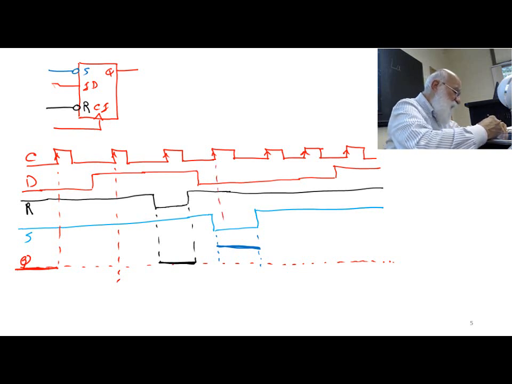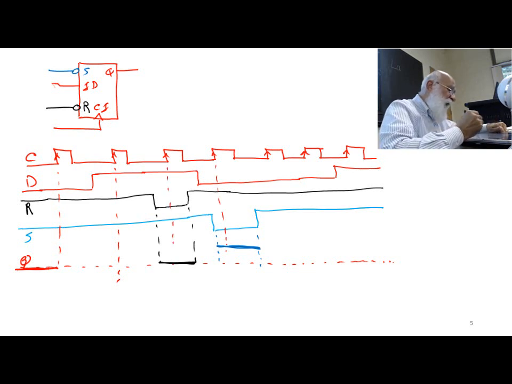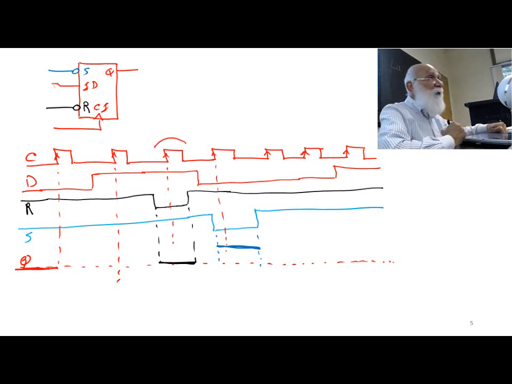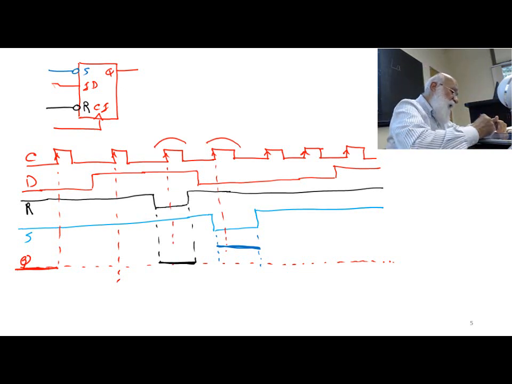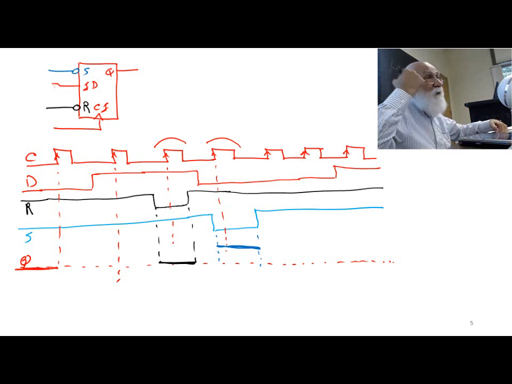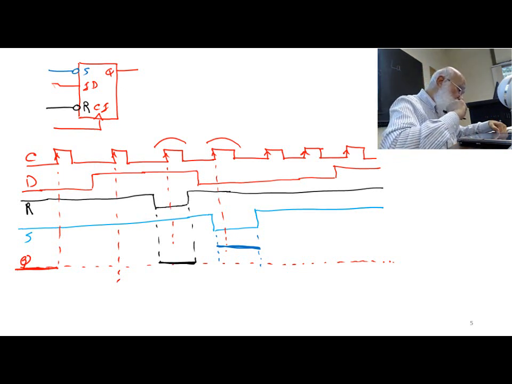So during this rising edge, I'm ignoring the value of D, because during this rising edge, reset overwrites everything. During this rising edge, set overwrites everything. Okay?